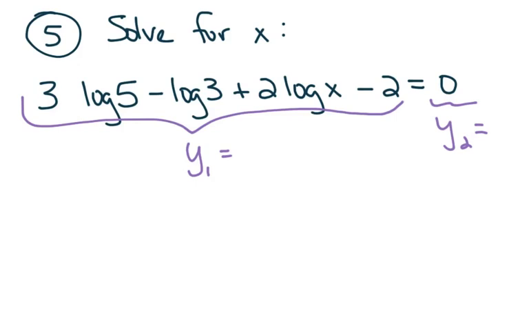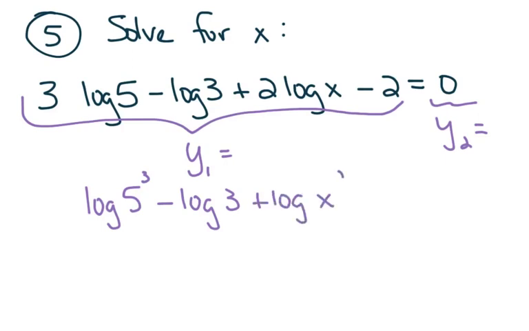The algebraic way of doing the problem is to first get rid of any numbers that are in front of a log. So I'm going to rewrite this as log 5 to the third minus log 3 plus log x squared. I'm going to convert 5 to the third to 125.